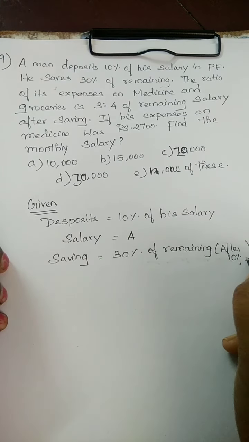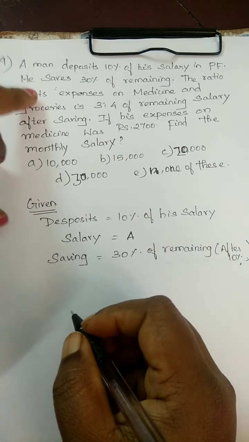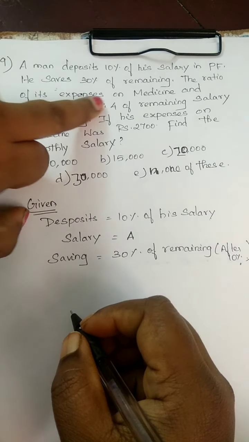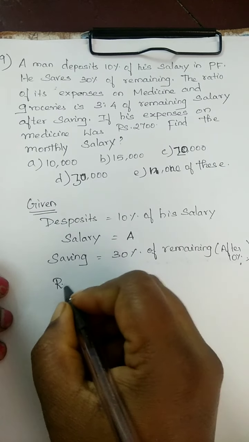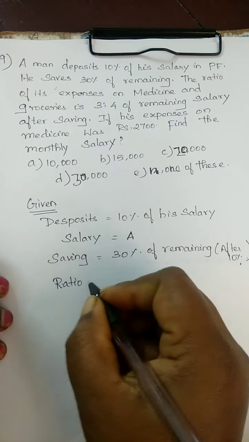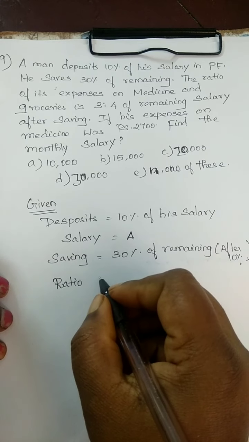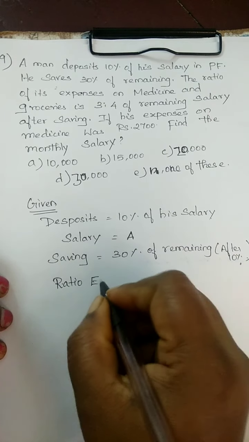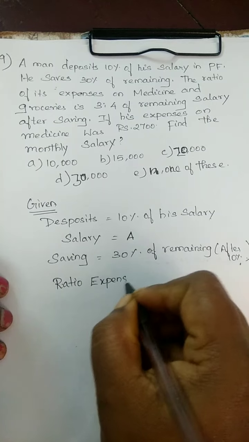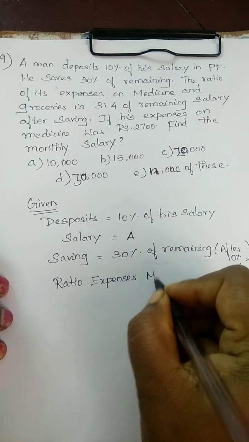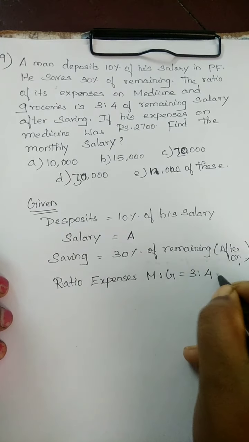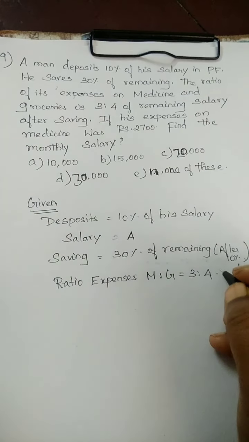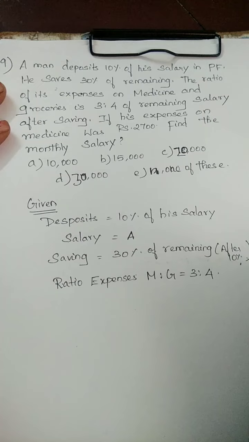Then the ratio of his expenses on medicine and groceries is 3:4 of remaining salary after saving.